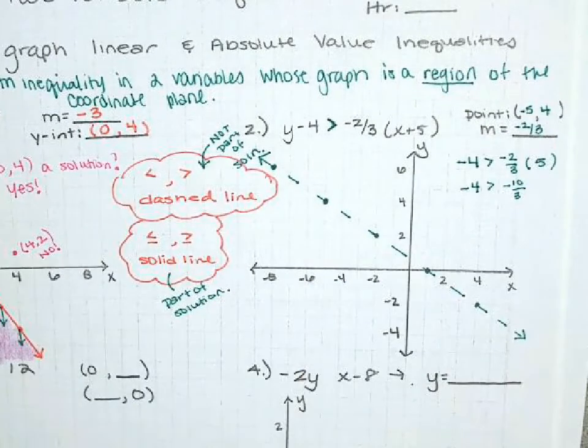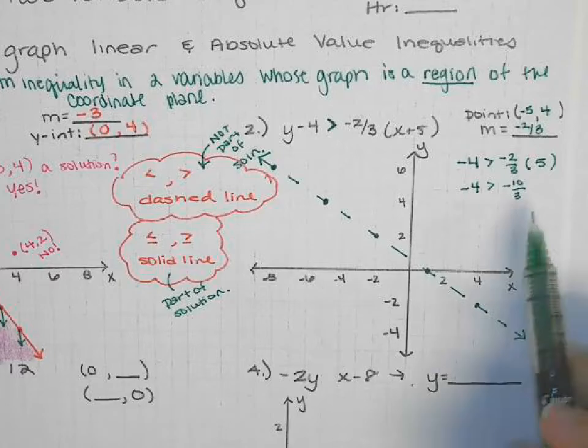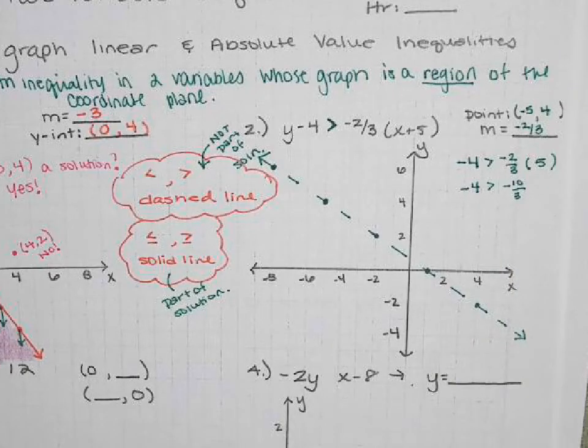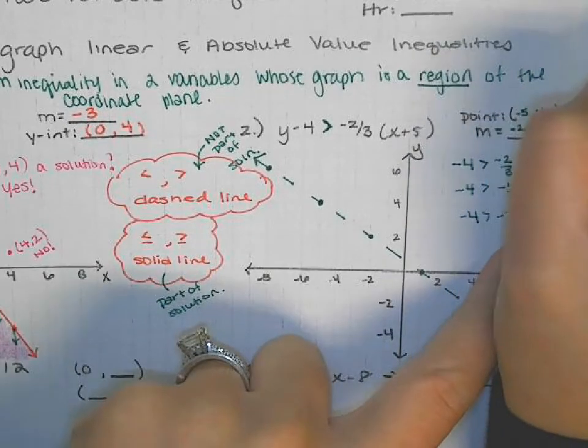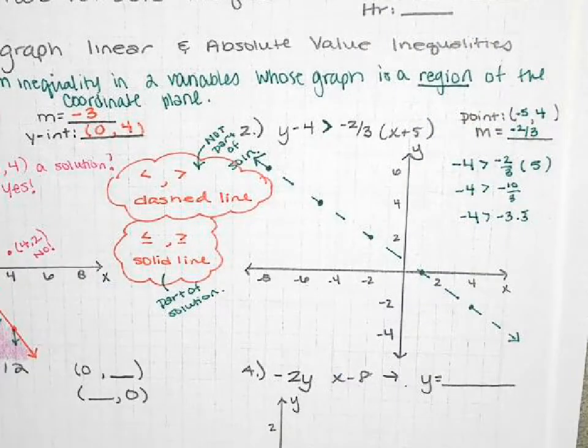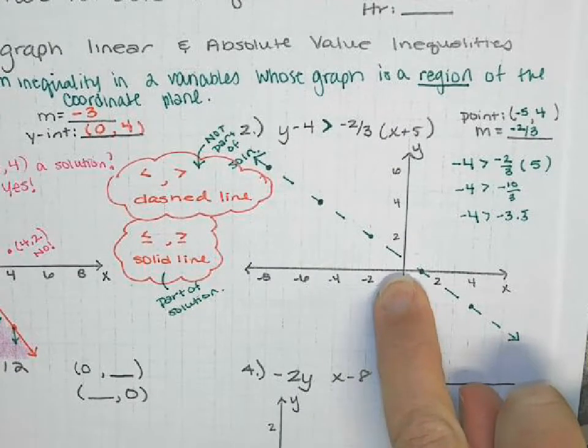Is negative 4 bigger than negative 10/3? That's like 3 1/3. Is negative 4 bigger than negative 3.3 repeating? No, that's smaller. So am I going to shade on the side where I plugged in 0, 0? No, I'm going to shade above that.